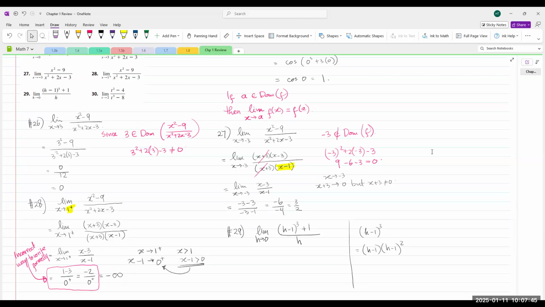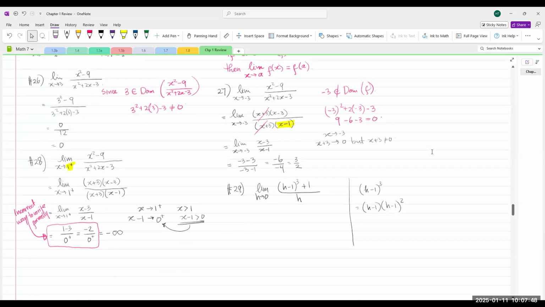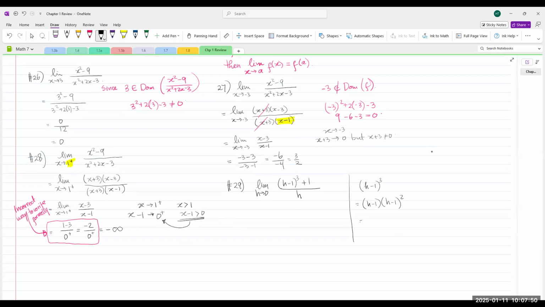Notice that I tried to slow down already, right? But I expect somebody to say, yes, it's okay, Thomas. Otherwise, you want me to engage, but nobody engaged me. Then (h minus 1) squared is h squared minus 2h plus 1.